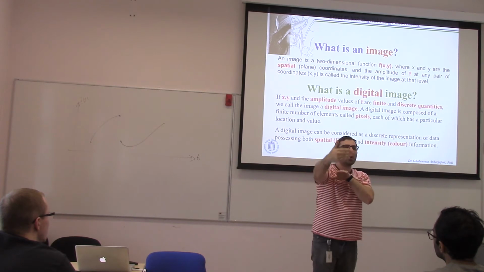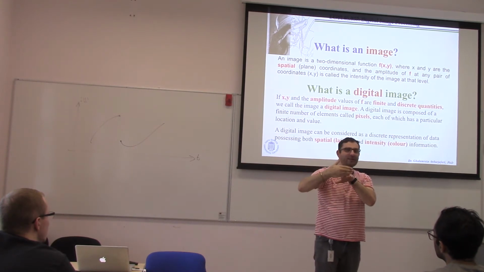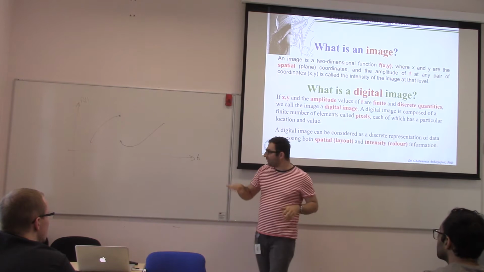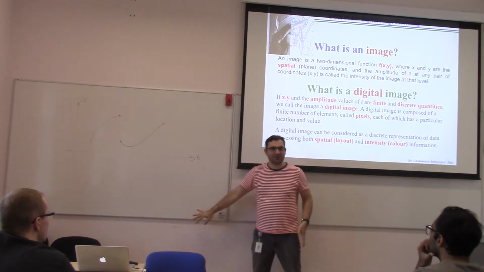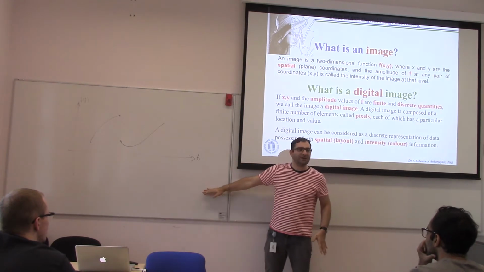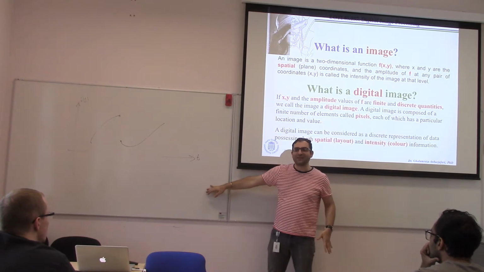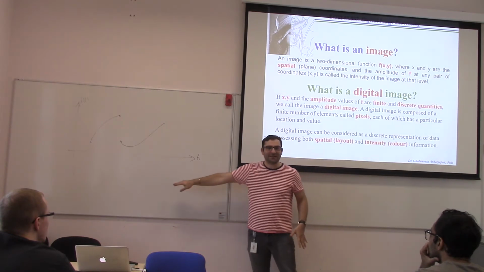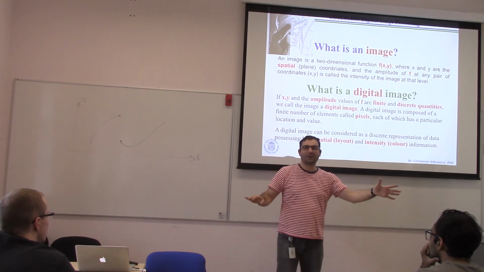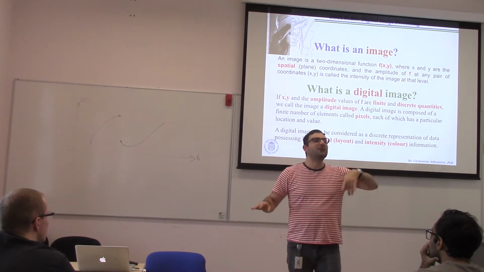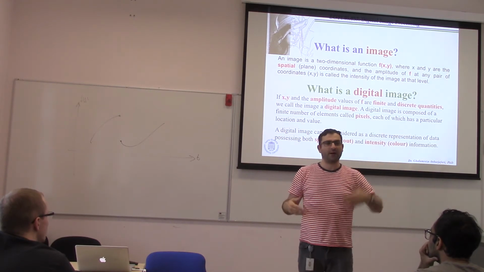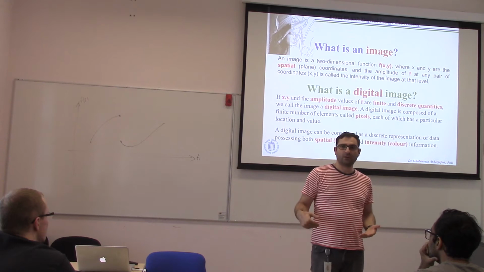It's also quantized. If you remember from two days ago, when I gave a very basic introduction, we said that all the images that we have are 8-bit, which means values between 0 and 255. You cannot be above 255, you cannot be below 0.